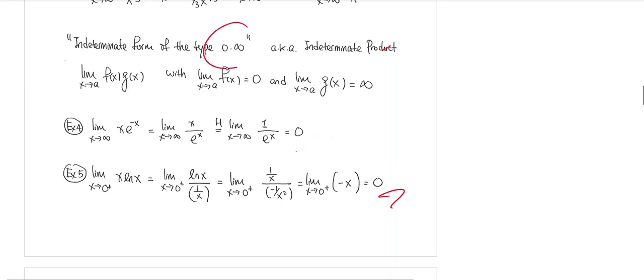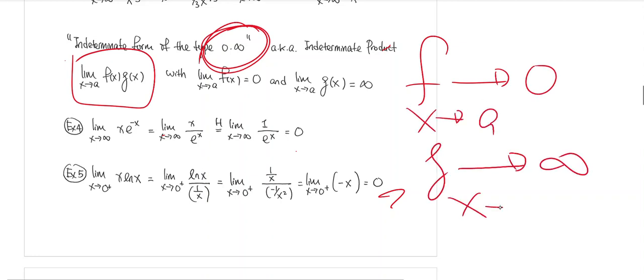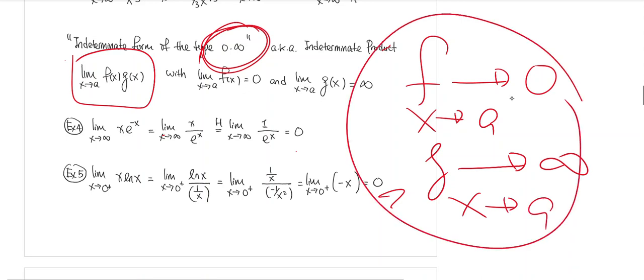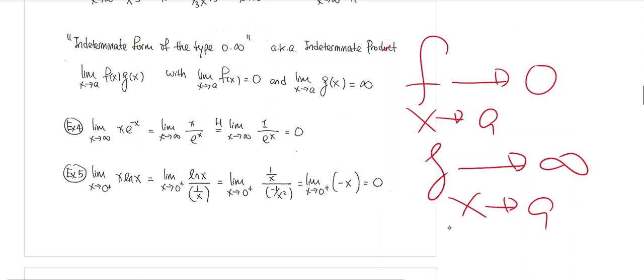By now you should be able to guess why we say this is of the form 0 times infinity, because when you evaluate these limits, it turns out that f will go to 0 when x approaches a, and g will approach infinity when x approaches a. When this happens and you are asked to find this limit, we say that this limit is of indeterminate form of this type.